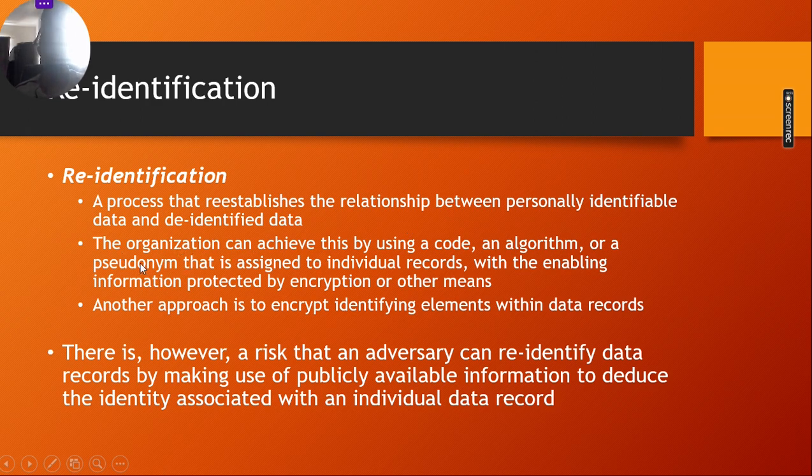Organizations can achieve this by using a code or an algorithm. In many cases, we develop a code or a pseudonym that can help you regenerate the PII that you have removed before. That is assigned to the individual record, with the enabling information protected by encryption or other means that they might use.